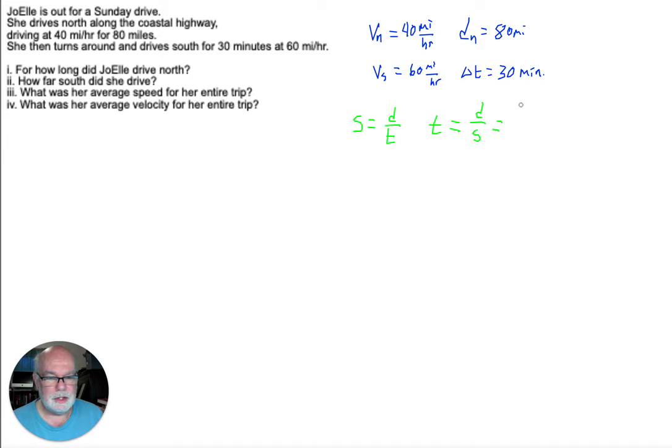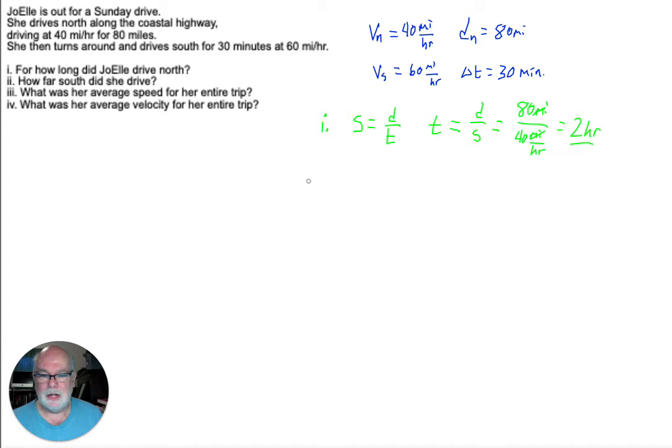The distance that she drove north was 80 miles, and the speed was 40 miles per hour. So 80 divided by 40 is 2. Notice that the miles divide out, leaving 1 over hours. If you simplify that, it comes to hours, which of course it should, because we're looking for the time.